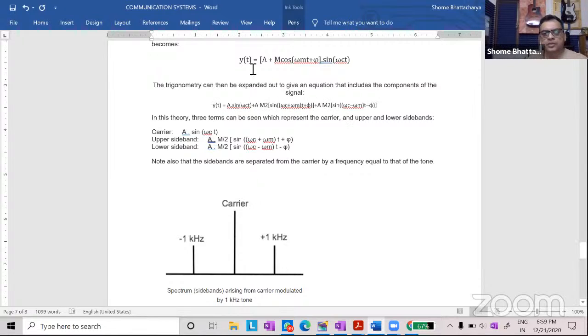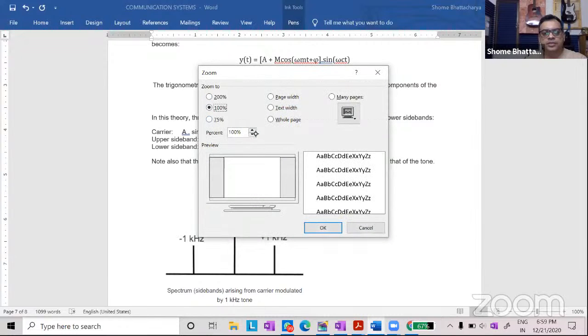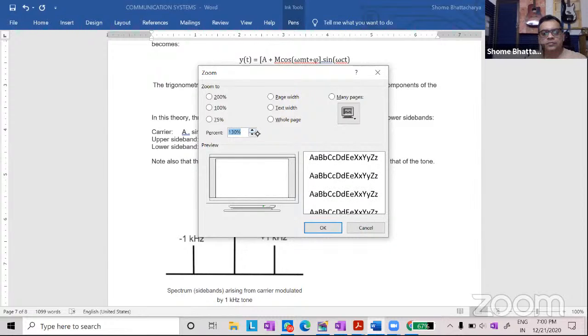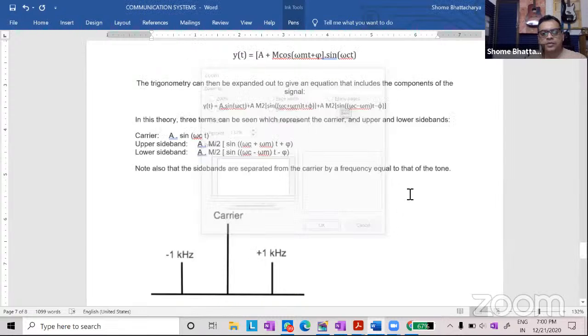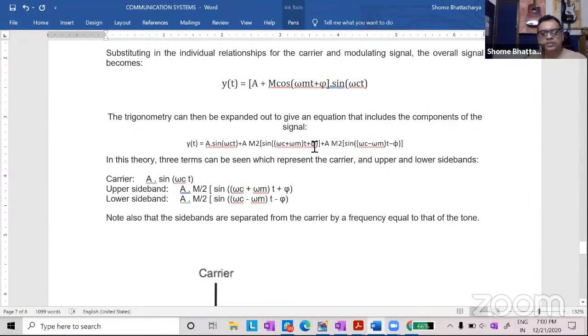I'll just magnify this a bit. So this equation that you see here is coming from the expansion of this.